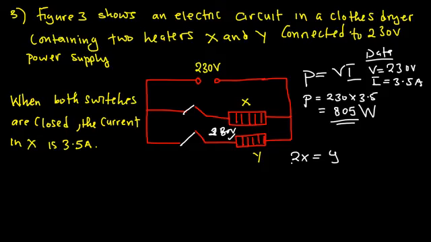The resistor of X is double that of Y. Determine the resistor of X and Y. So if we go back here, we are saying X is double Y.